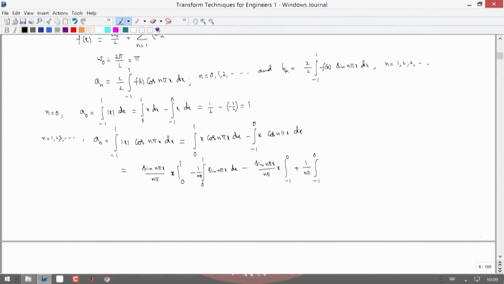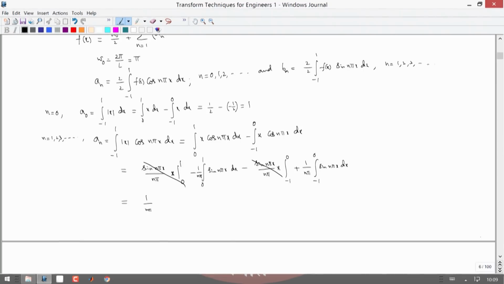The derivative of x goes, so we have sin n pi x dx. So, this is equal to, sin n pi is 0, so this will be 0, and again this is 0. So, there is no contribution here, and here you can see minus 1 by n pi.